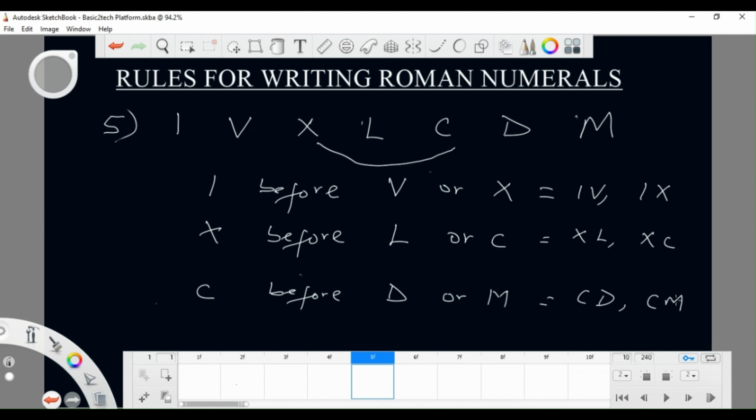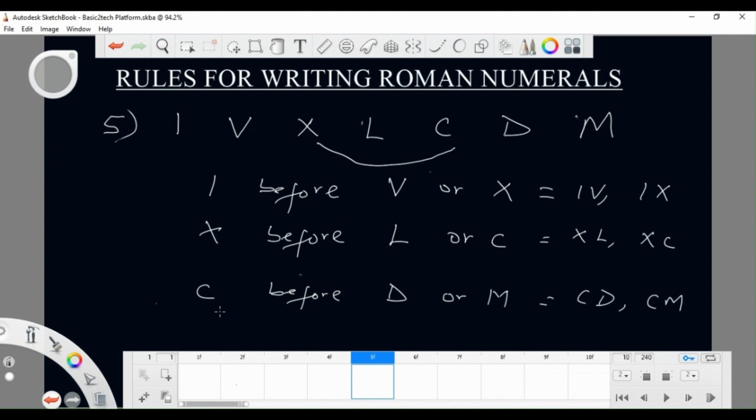So please, you have to remember this rule number 5 principle, which is very, very important if you want to master your Roman numerals. All right. And again, you must also note that you can only place one smaller numeral in front of a larger one for subtractive purposes.